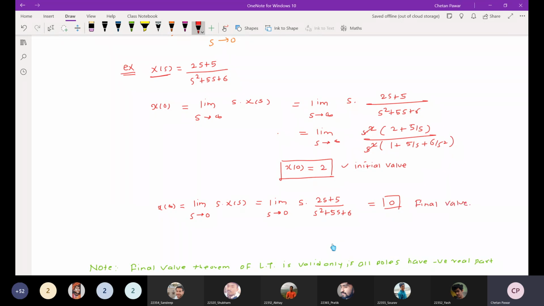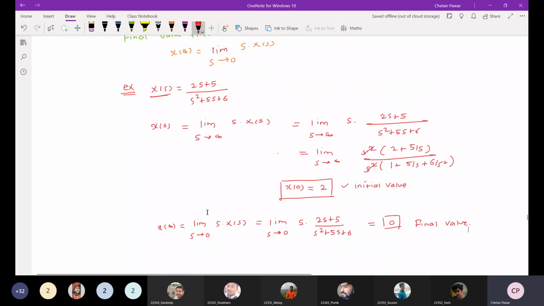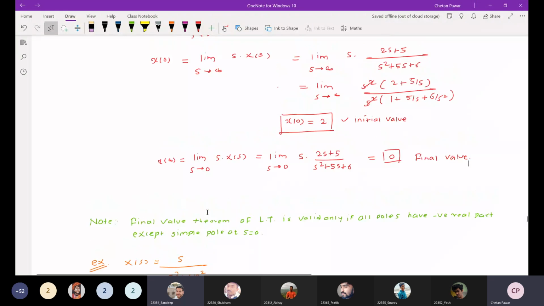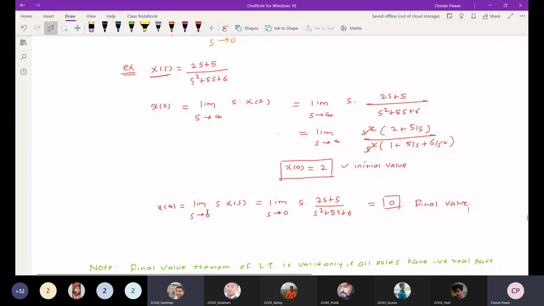So this is important, you should make one note. Initial value theorem and final value theorem signify from where the signal is starting and where it is ending. We need to find out the initial value and the final value of that particular signal. When we do the transient analysis or time domain analysis, we need to find out what will be the value of the signal when t tends to infinity.